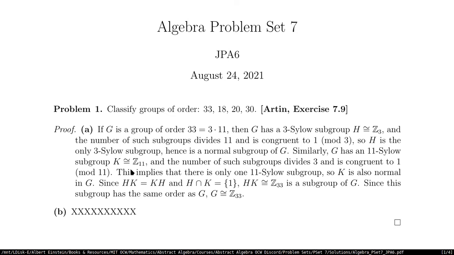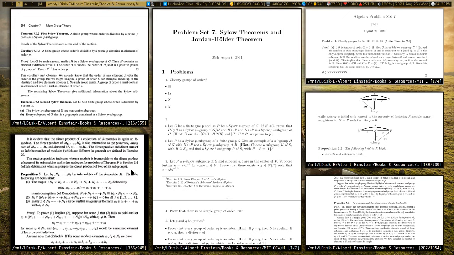There's a general result that if the order is the product of two primes, say P is less than Q, and if P does not divide Q minus 1, then the group is cyclic. I think that's a common result that everybody does or puts as an exercise.